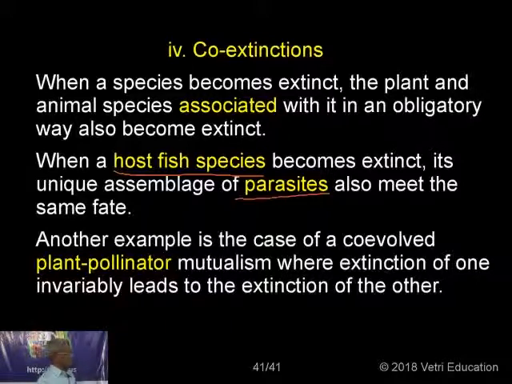Another example is the case of a co-evolved plant-pollinator mutualism, where extinction of one invariably leads to the extinction of the other. So here one is depending on the other. If one goes extinct, automatically the other one will also go extinct.